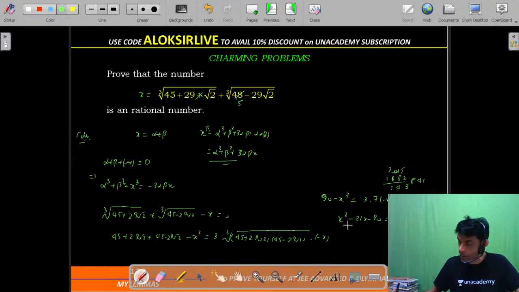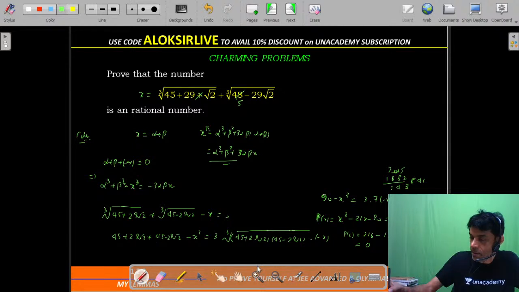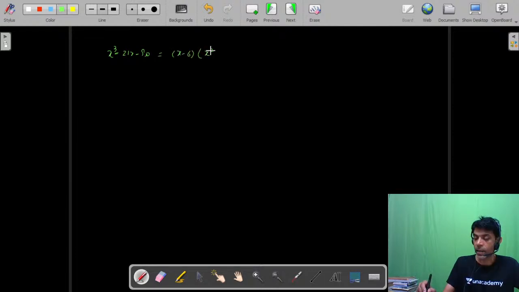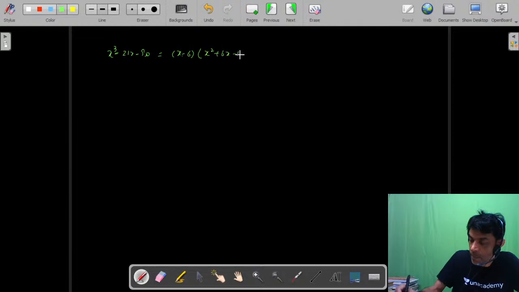If you call it p(x) and check p(6), it is 216 minus 126 minus 90, that gives you 0. So 6 is a root. So if 6 is a root, then I can write x cubed minus 21x minus 90 as x minus 6 times x squared plus 6x plus 15.